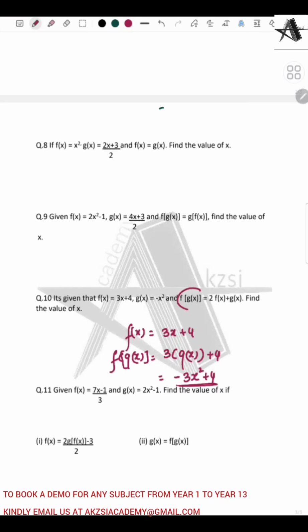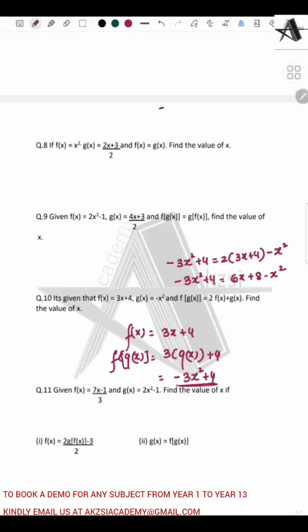Now I substitute this value here, that is negative 3x squared plus 4 is equal to 2 times f(x), that means 2 times (3x plus 4) plus g(x), that is minus x squared. Now we need to expand it. So this is negative 3x squared plus 4. This will be 6x plus 8 minus x squared. Bringing all to the one side because clearly we can see it's a quadratic one.